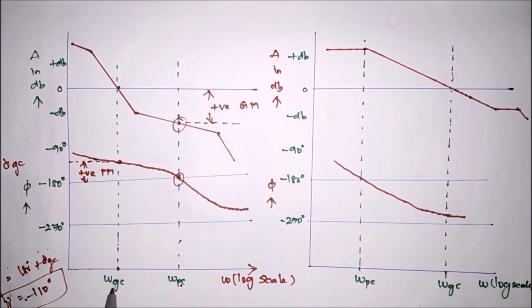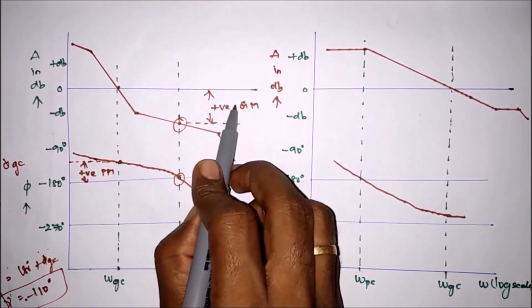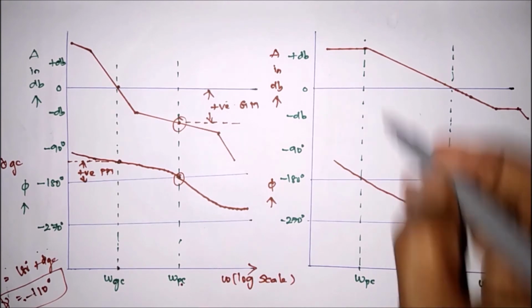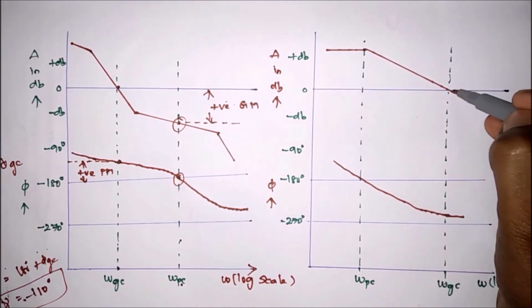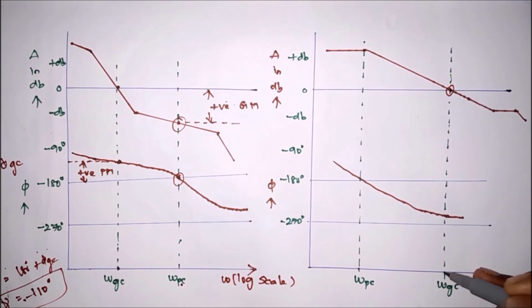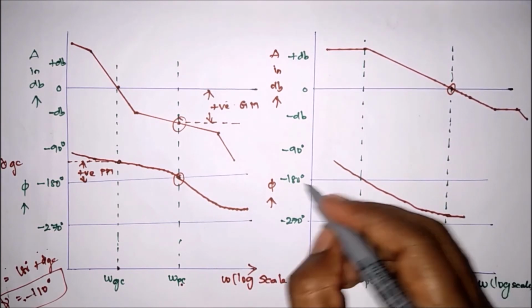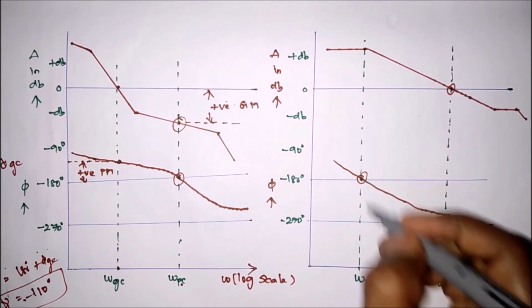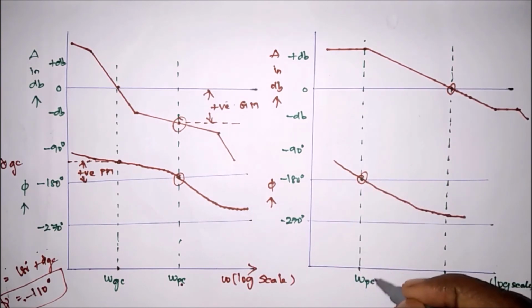Suppose the gain crossover frequency is lesser than the phase crossover frequency, then the phase margin and gain margin are both positive. Suppose the phase crossover frequency is lesser than the gain crossover frequency, we see at 0. So this is the 0, and its corresponding frequency is the gain crossover frequency. This is the phase plot, which crosses minus 180; the corresponding frequency is the phase crossover frequency.